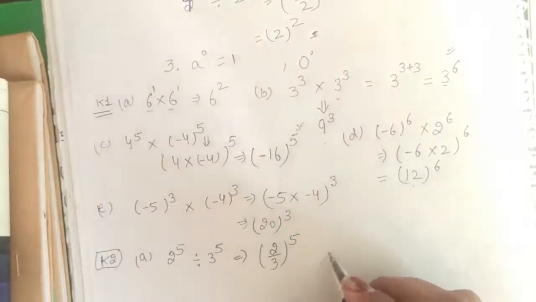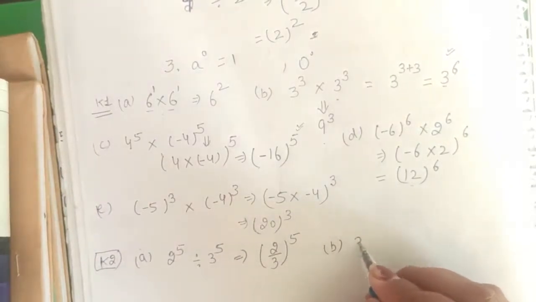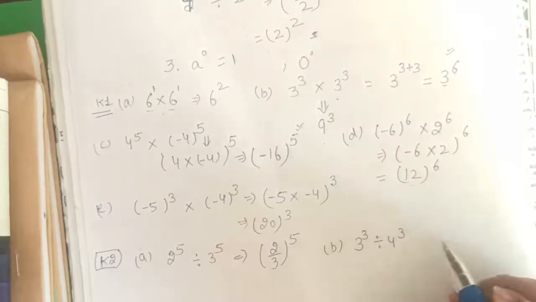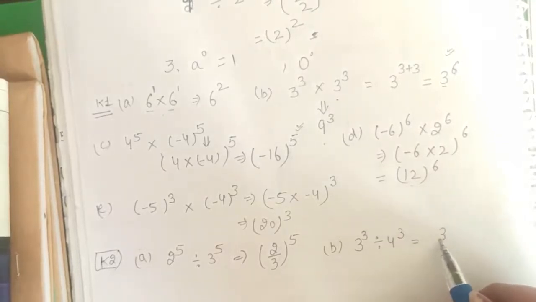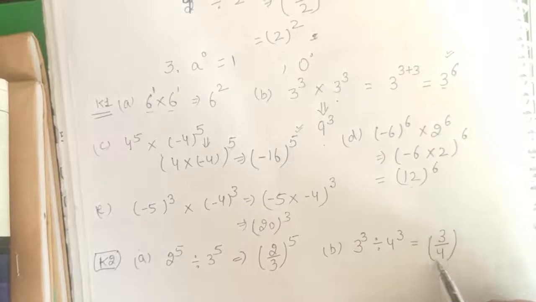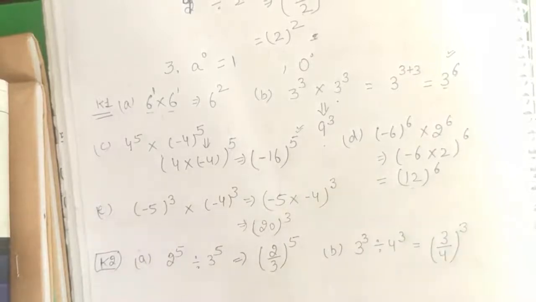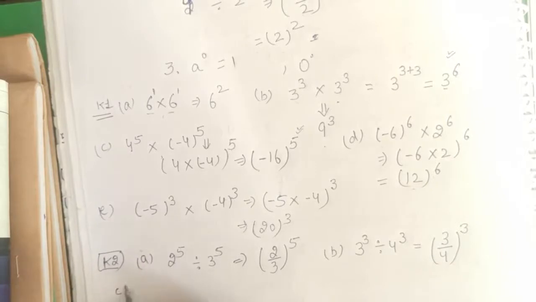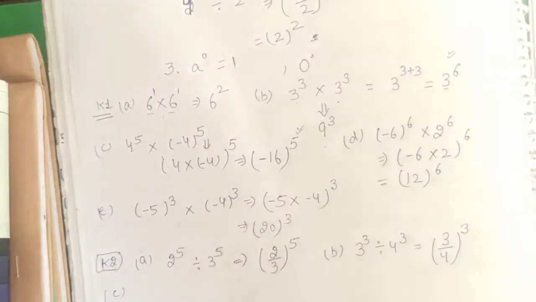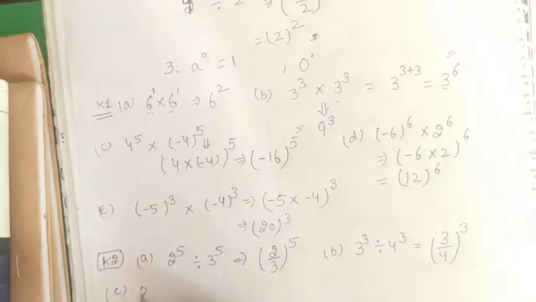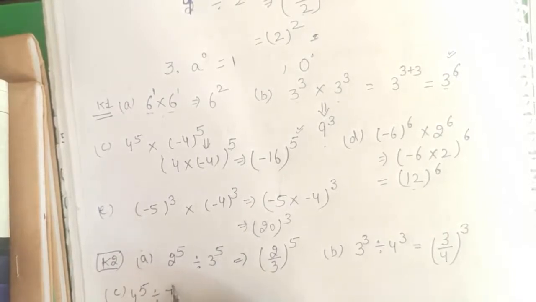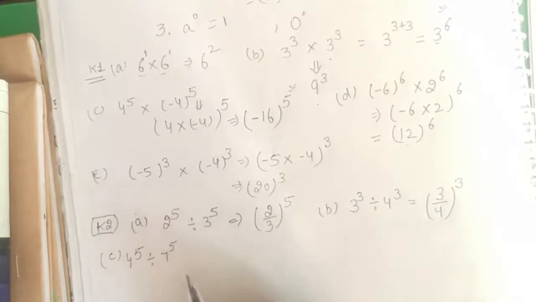It is very easy of division. B. 3 the power 3 divide by 4 the power 3. Base is different. 3 by 4 the power 3. Right? Now C part, 4 the power 5 divide by 7 the power 5.